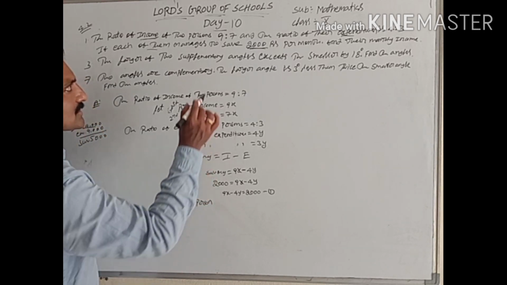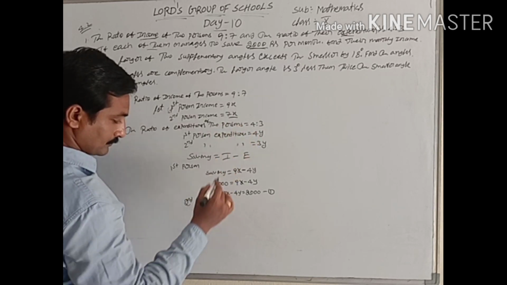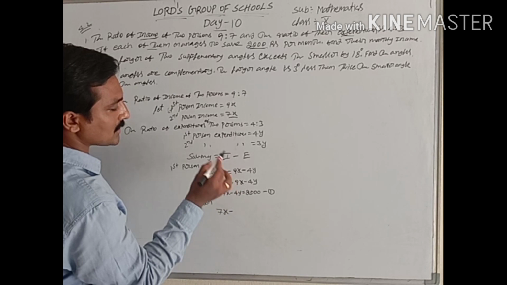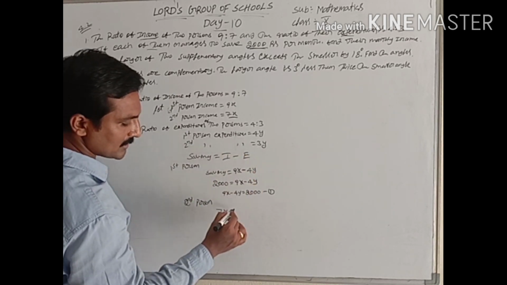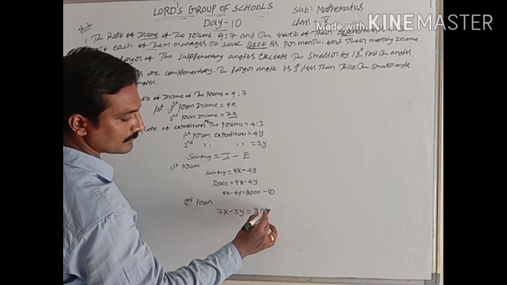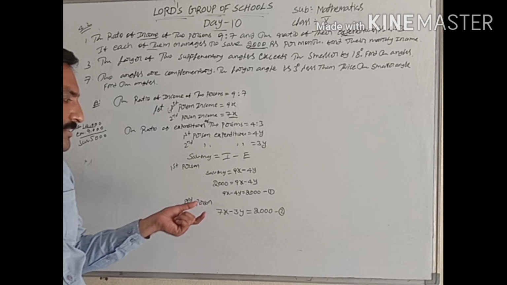The second person's saving is also 2,000 rupees only. Second person's income 7x minus second person's expenditure 3y is equal to saving 2,000. This is the second equation.